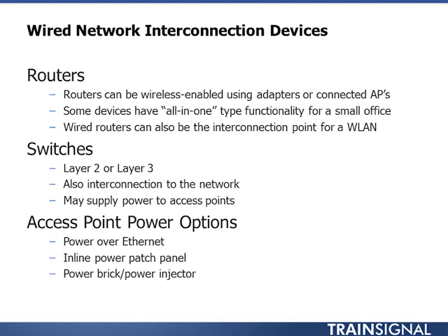If it doesn't, then you might have to look at replacing switches as part of your wireless LAN deployment. Typically an access point will connect into a switch, and that might be a layer 2 or a layer 3 switch. Now in a large enterprise environment you'll see the access points going into switches rather than routers, but in a small office environment, especially if you just have 1 or 2 wireless LANs, I have seen the wireless LANs going directly into the router itself, and it kind of gives you an all-in-one kind of capability in terms of deploying your access points, and it can save some costs for that site.